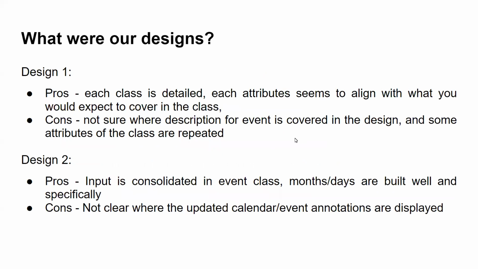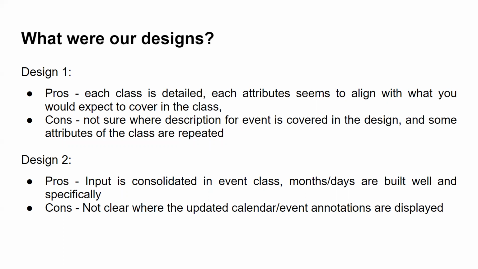So for our design, we had two designs, and here are some pros and cons of it. For design one, our pro is that each class is detailed and each attribute aligns with what we expect to cover in the class. The con is that we're not sure where the description for the event is covered, and some of the attributes in the classes are repeated.